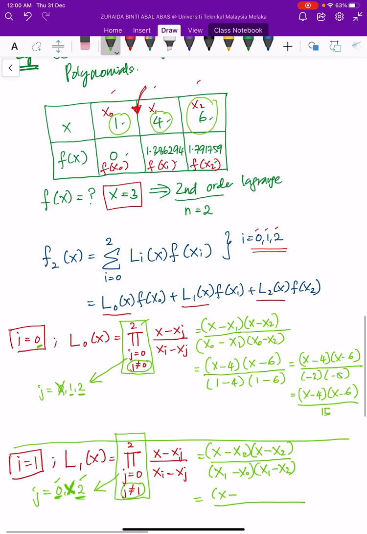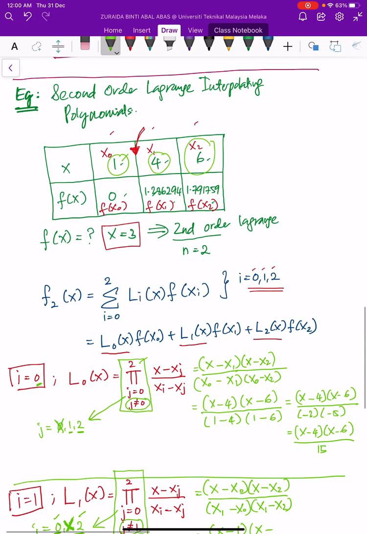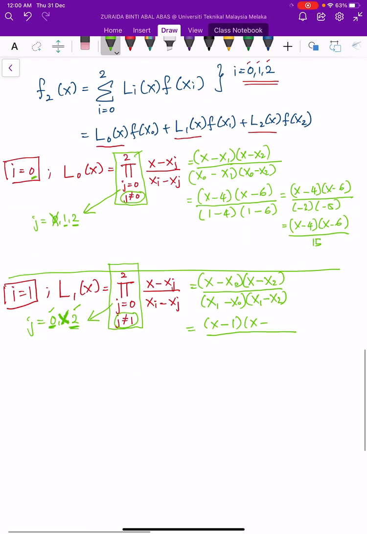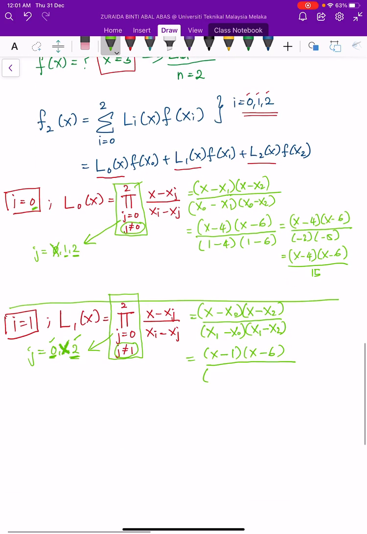Our x2 is 6, and then x1 here is 4. This one just follows, so this one is 4 minus 6.